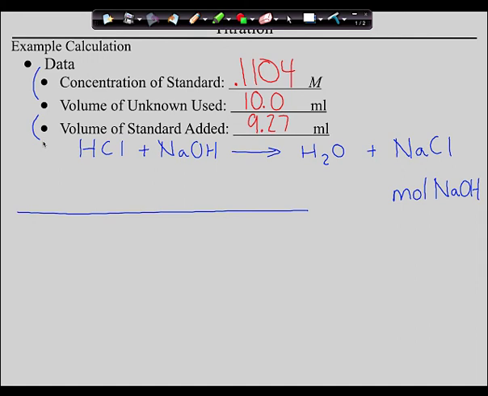Remember when we did moles conversions, molarity conversions? Which one do we never start with? The volume or the molarity? Do you remember? Molarity. You never start with the molarity. So we are going to start with the volume. 9.27 milliliters, and we're going to convert that into moles.